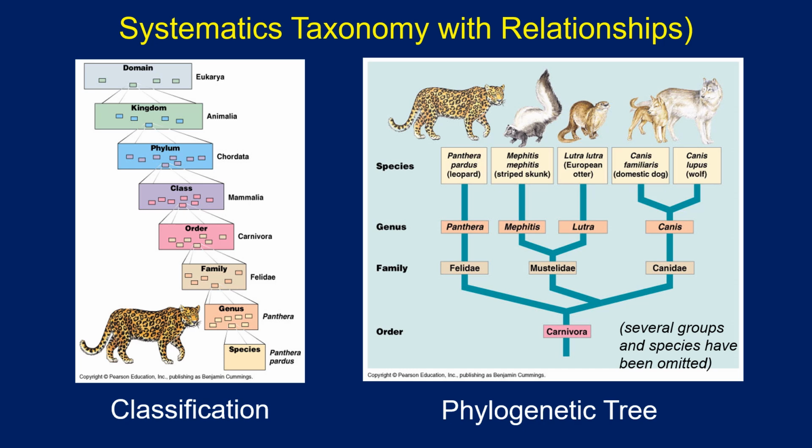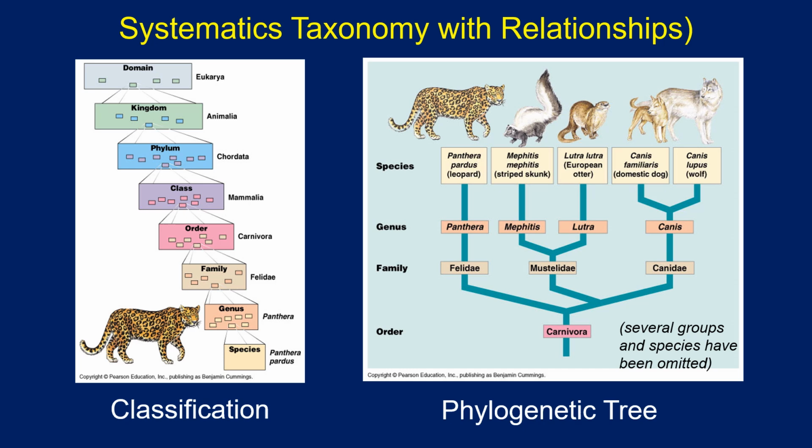Now let's look at a tree here, a phylogenetic tree. And here we're just looking for members of Carnivora. So we have our families here. We have Felidae, the cats. We have the Mustelidae, which are things like weasels and otters and so on. And we have the Canidae, which are the wolves and the dogs.